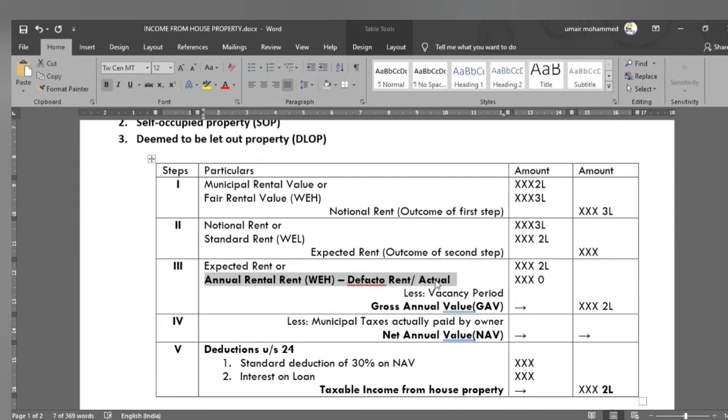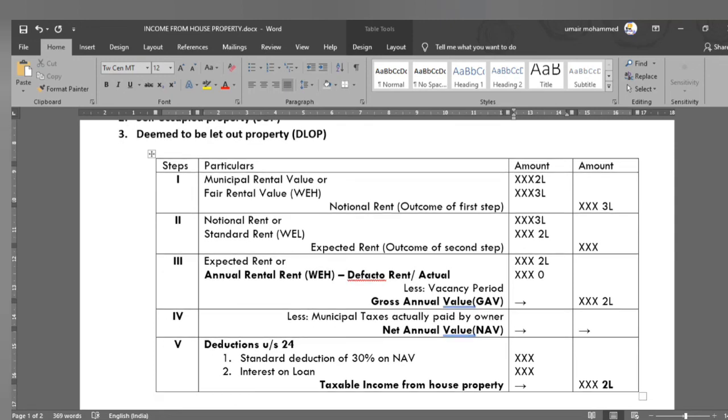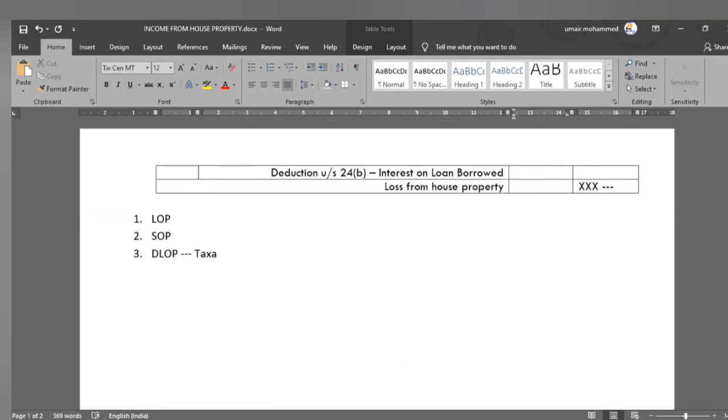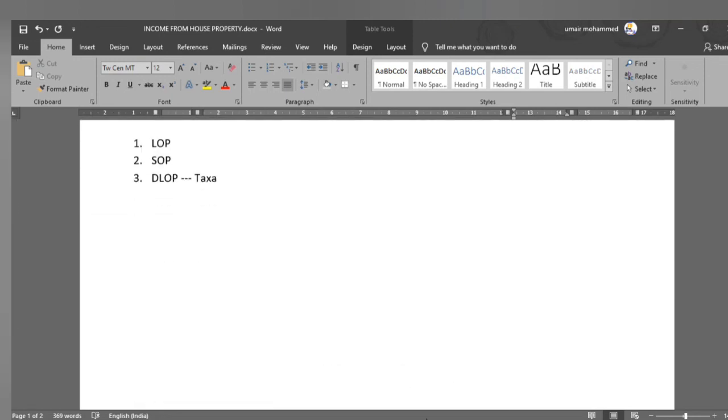That's it. Otherwise, the format is the same. The other things will remain as they are. So this is how we compute NAV, net annual value.